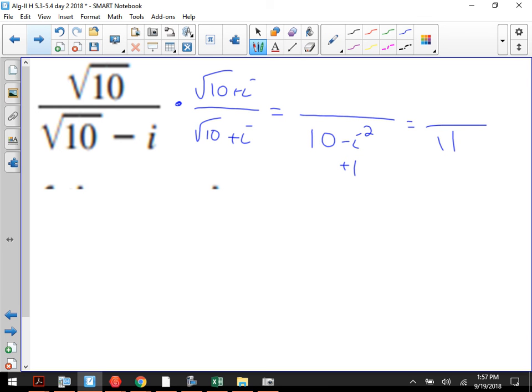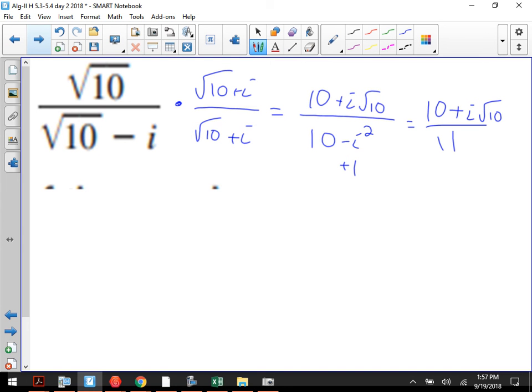And then I distribute the numerator. Again, what was the square root of 10 times the square root of 10? 10. My final answer would be 10 plus i root 10.